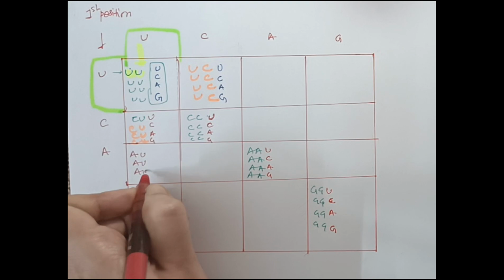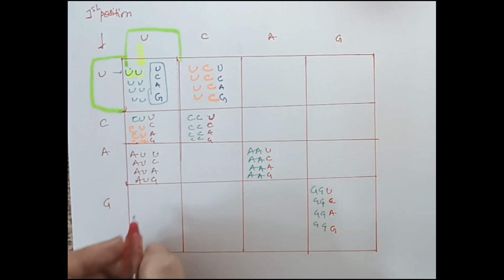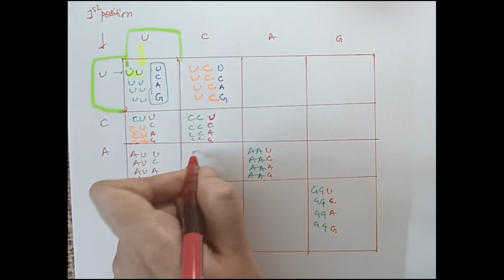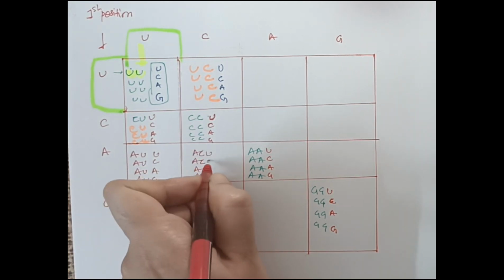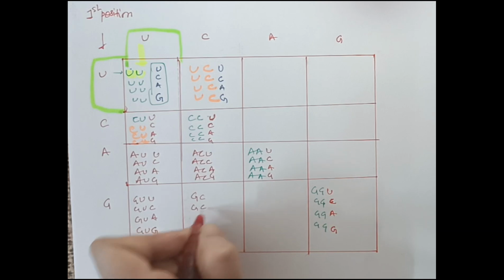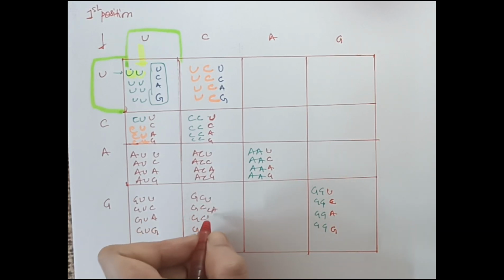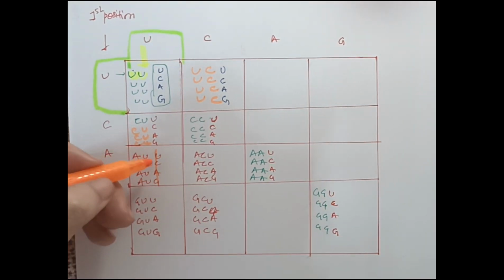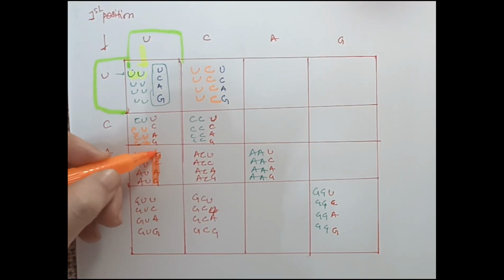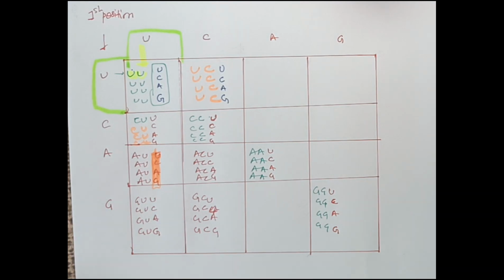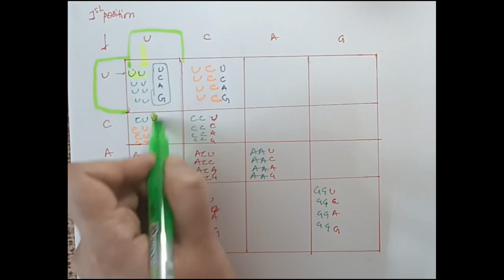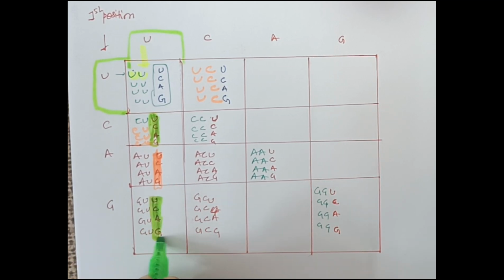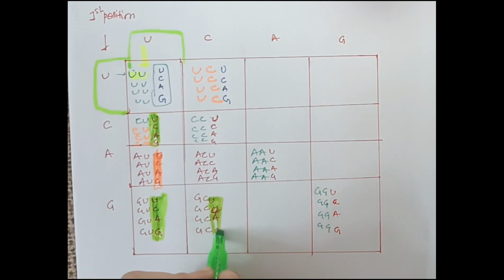AUG is always the start codon, and the stop codons end in A or G. It is an easy way to remember that UCAG is repeated in the third position in all of these boxes. You can see here UUU, UUC, UUA, UUG.